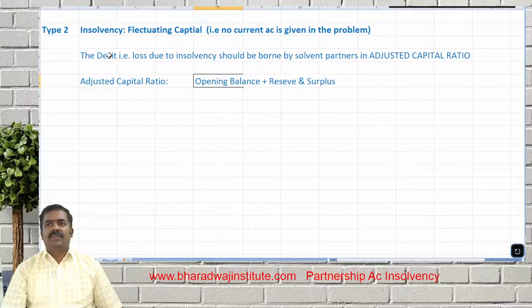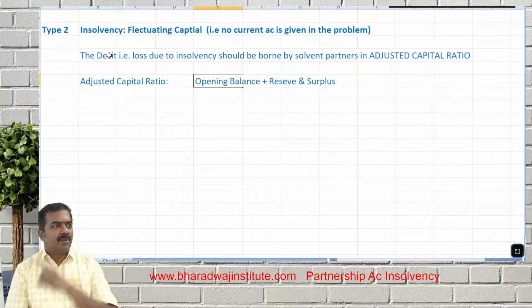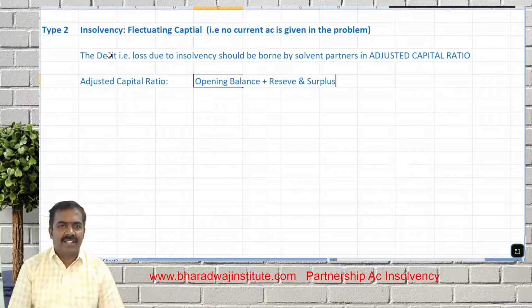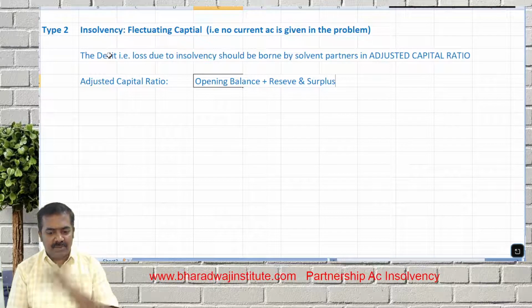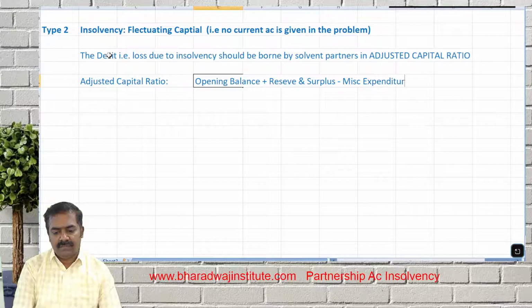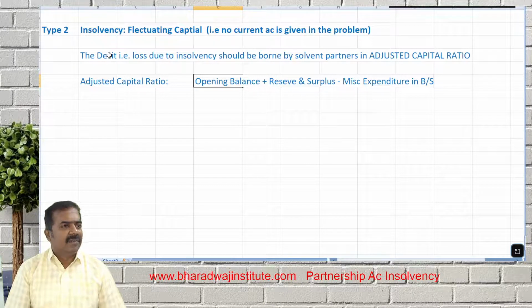Do you remember, if there is a general reserve and P&L account in the old balance sheet, what we used to do? We will transfer it in profit sharing ratio. That reserves and surplus you should consider. If there is a miscellaneous expenditure in the balance sheet also, we will consider.